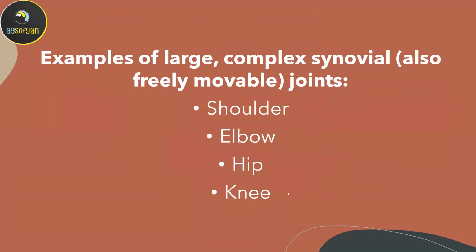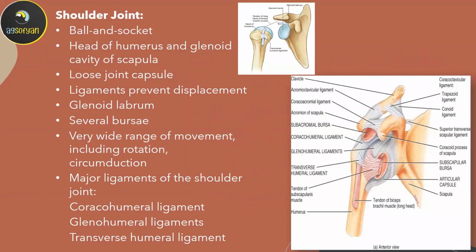Okay, now we're gonna use several examples of joints: shoulder, elbow, hip, and the knee, as examples of synovial joints. We start with the shoulder. And of course, you see in the shoulder, there is a ball structure and a socket structure.